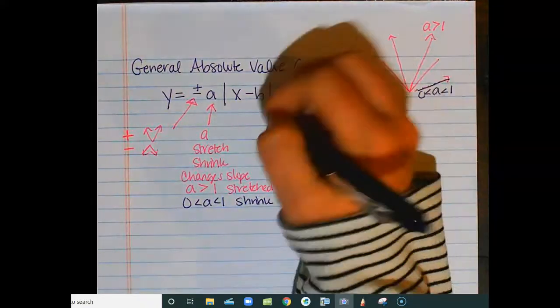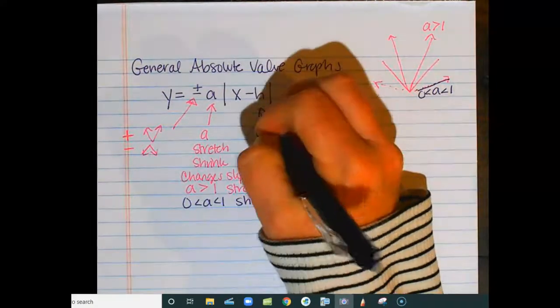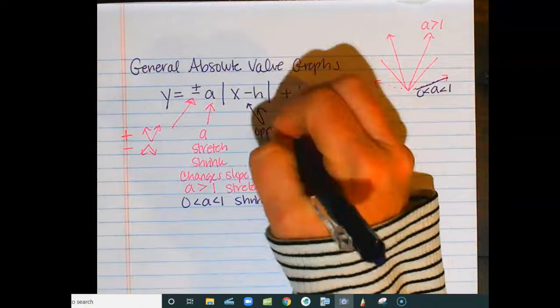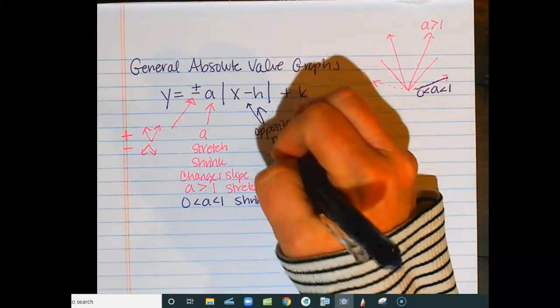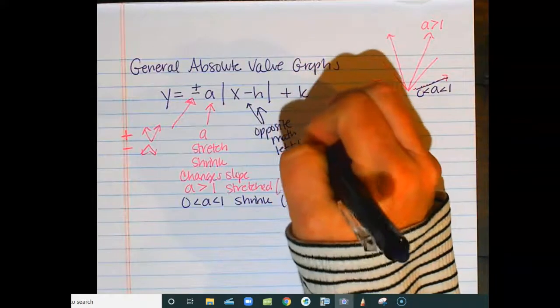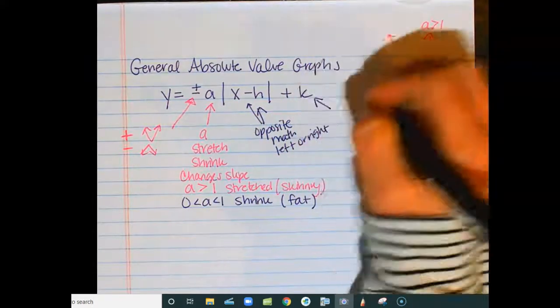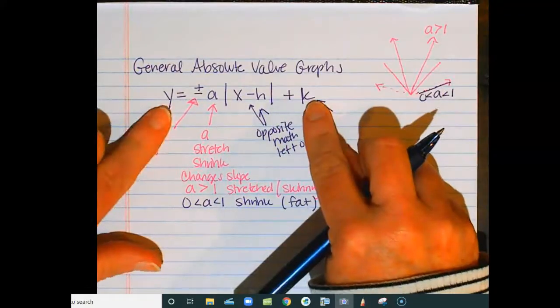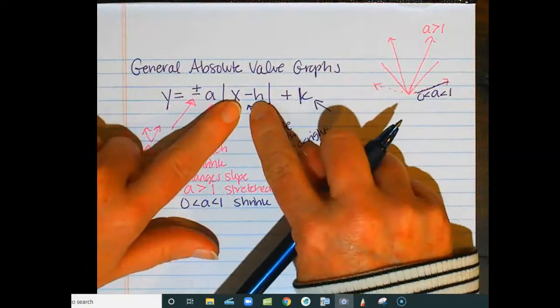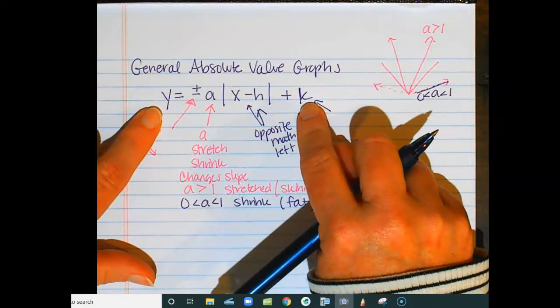Then we talked about H. This is opposite math. That's why there's a minus here. So the minus, that's opposite math. And it moves our graph left or right. The last value is K. It's the vertical shift. H is on the inside like X, so it affects X. K is on the outside like Y, and Y is up or down.